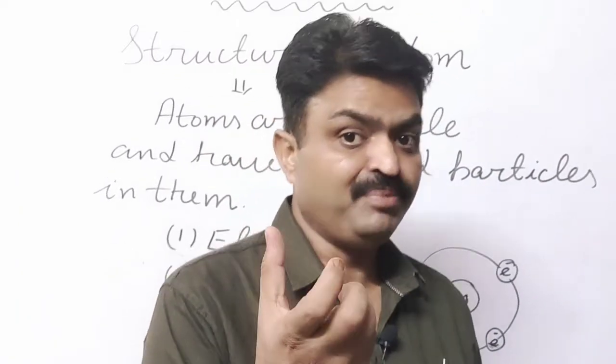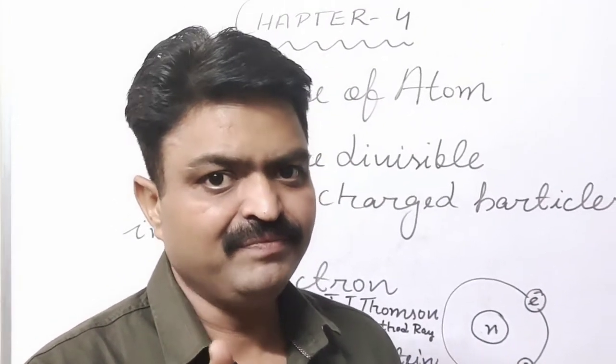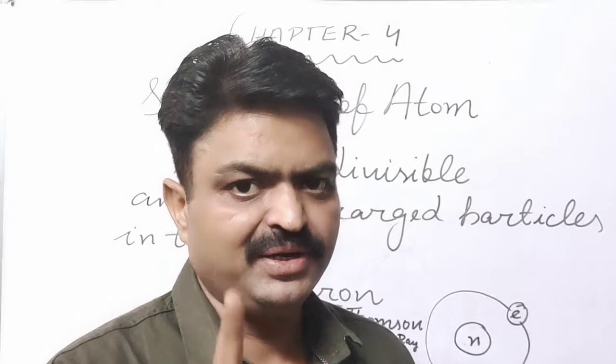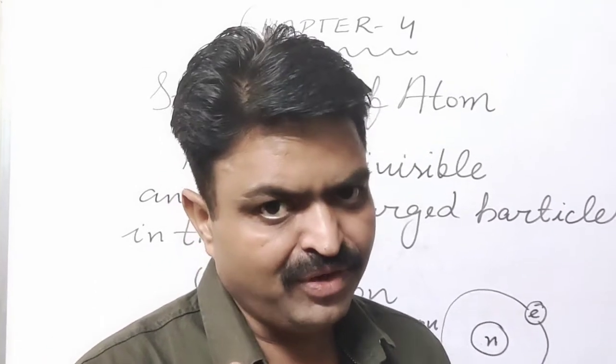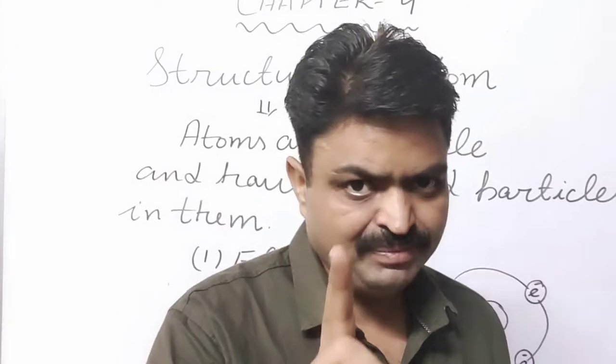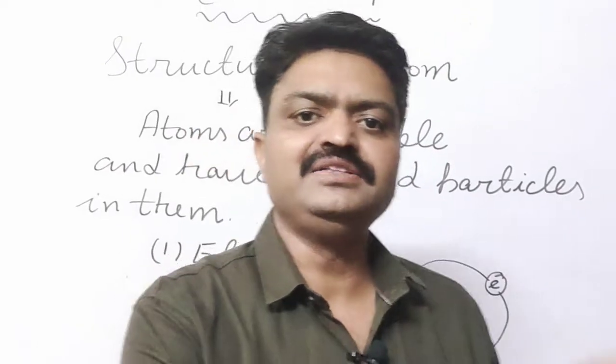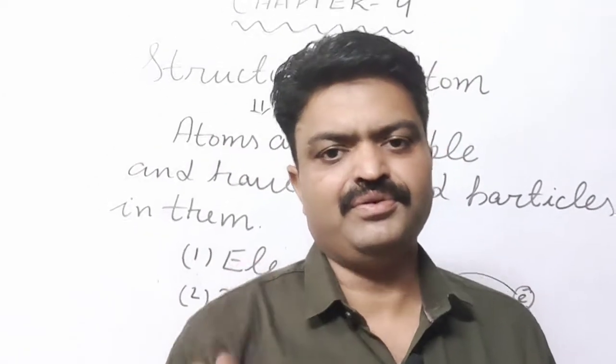So with the help of this general experiment, you can also show that the atoms contain subatomic particles. In which form? Charged and uncharged. Charged particles are found in the form of electron and proton, and uncharged are found in the form of neutron.